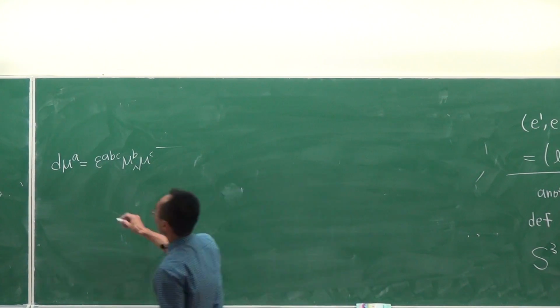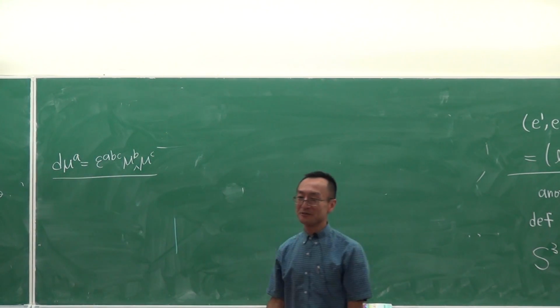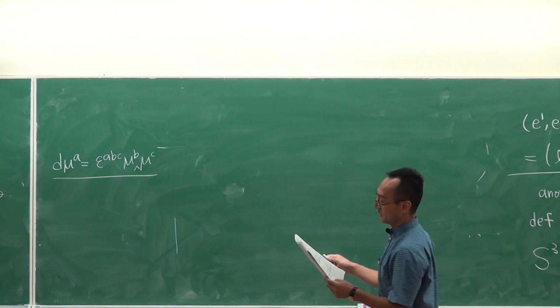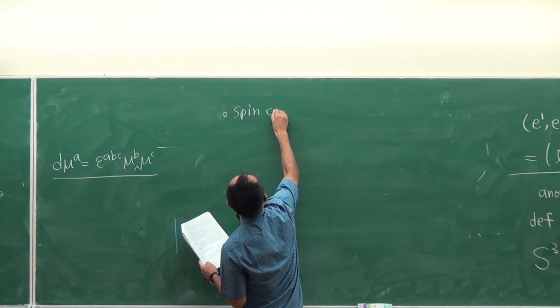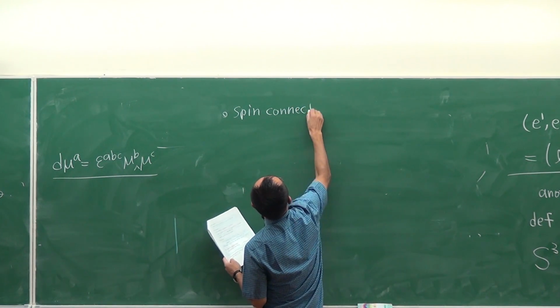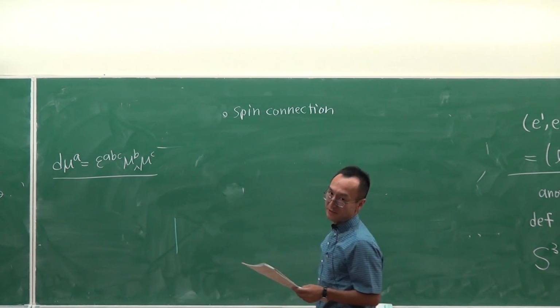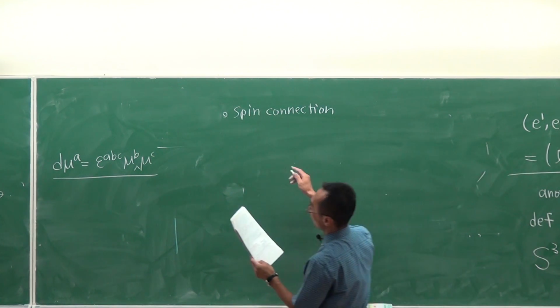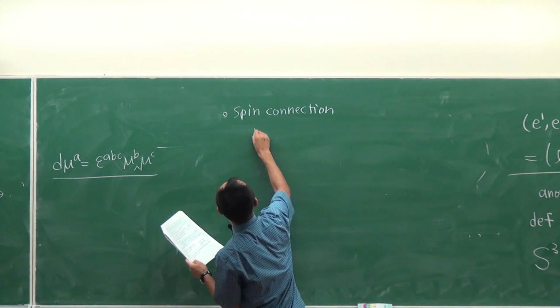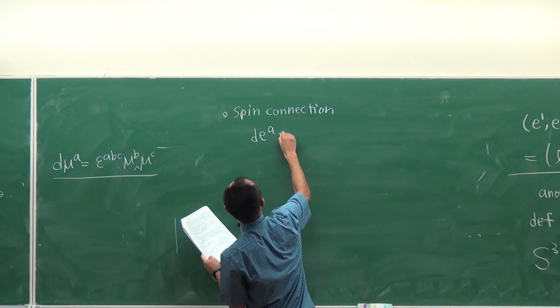So if you have this equation, then it turns out to be very easy to compute the spin connection. This is the SO(3)-valued connection which I introduced in my last lecture, and the definition of the spin connection is via this equation.